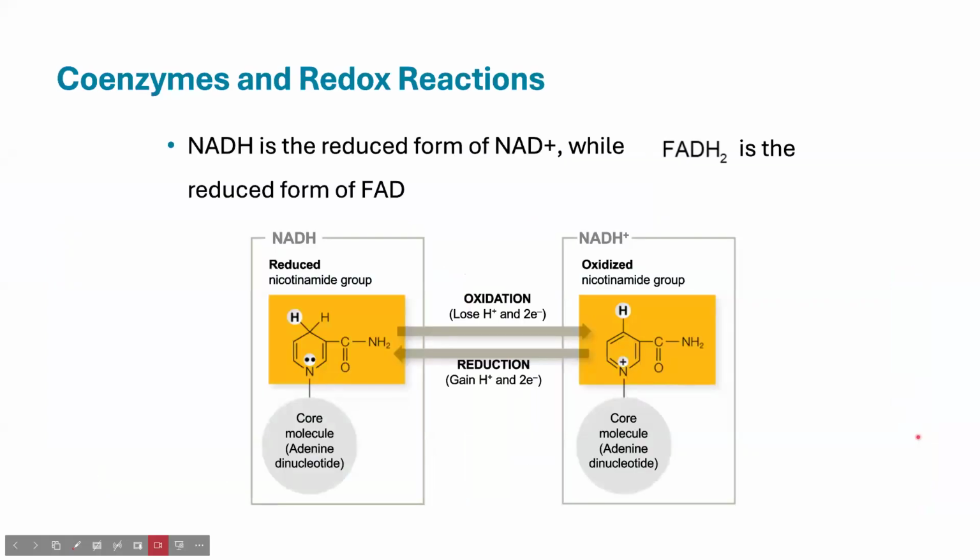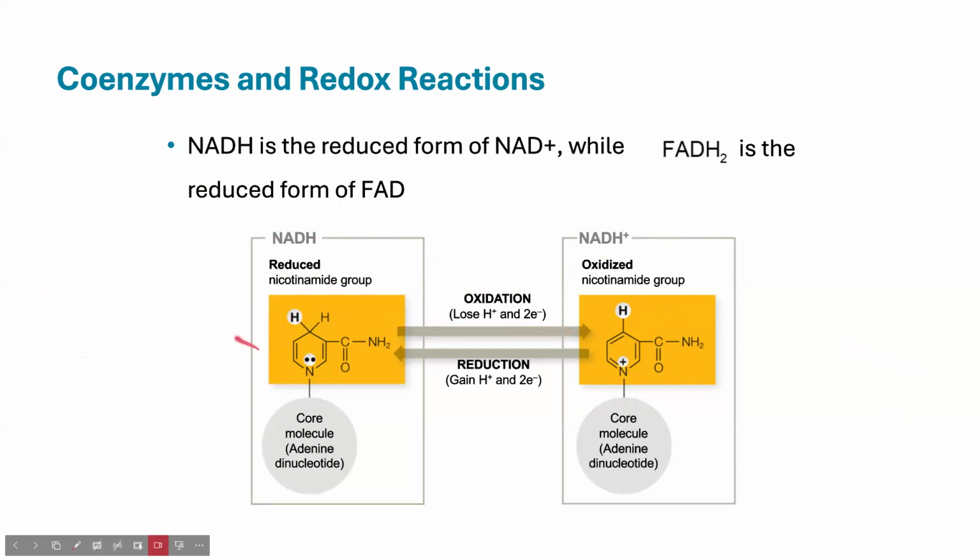And so here we have NADH and its oxidized form, NAD plus. NADH and NAD plus are going to be the things that we use to do a lot of oxidation reduction reactions, or redox reactions.